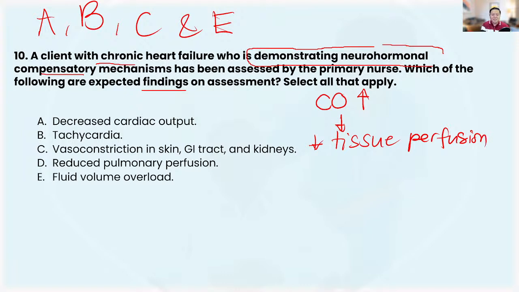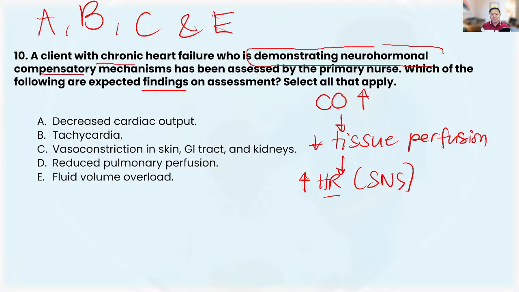And when this happens, there will be an increase in the heart rate, which is a compensatory activation of the sympathetic nervous system, okay? So this is an attempt, again, by the body in order to improve the cardiac output.